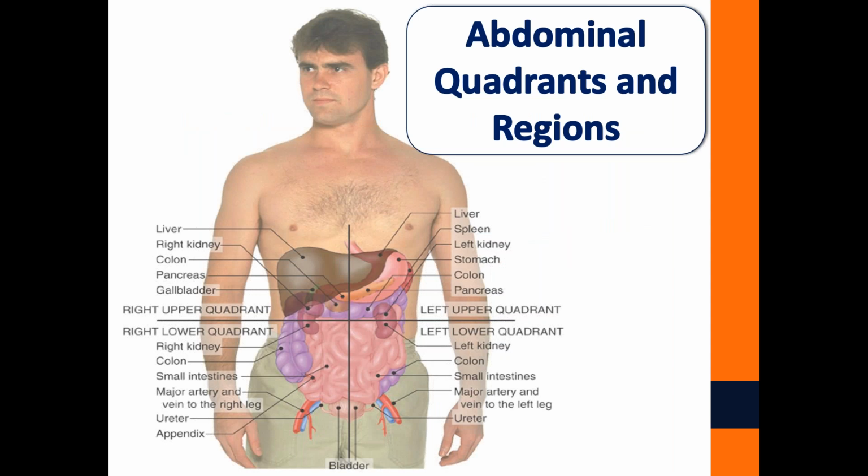When we assess the abdomen, we are going to draw a quadrant. It runs through the midline of our patient and it runs through the umbilicus of our patient. We separate into right upper, left upper, right lower, and left lower, respectively. And if you look at our upper quadrants, what do we see mostly in those upper quadrants? Are they going to be hollow organs or are they going to be solid organs?